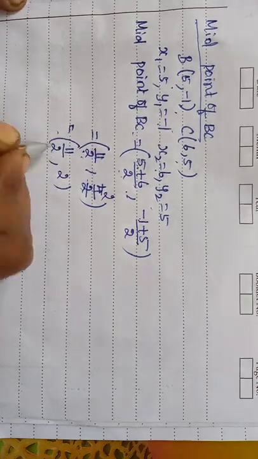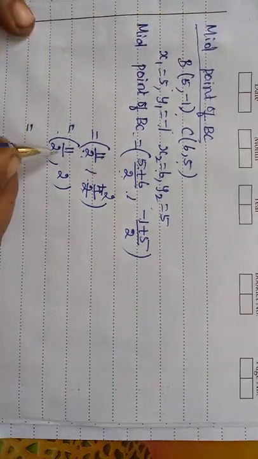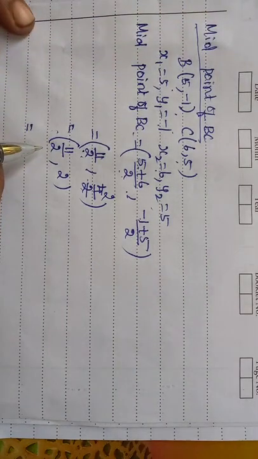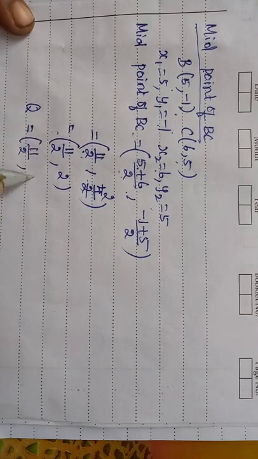This point is known as Q, so Q is equal to 11 by 2 comma 2.